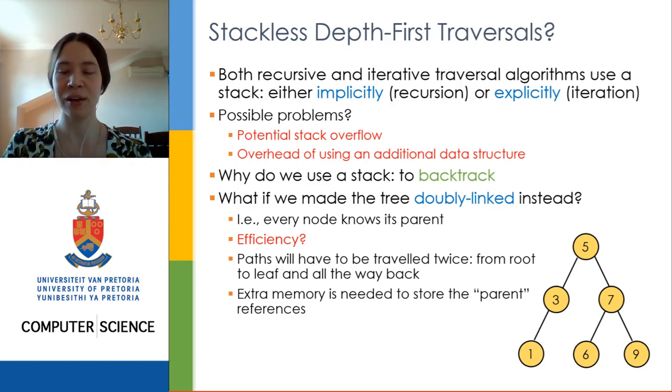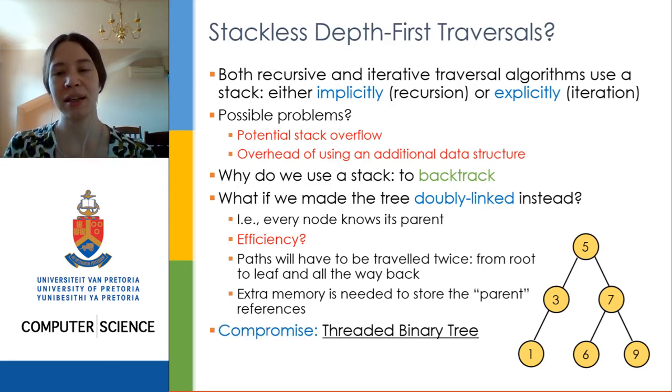And that is where a nice and intelligent compromise solution has been proposed. The solution that we're going to discuss now is the threaded binary tree. So a threaded binary tree is basically a binary search tree where some of the existing variables are reused in such a way as to enable stackless in-order traversals.